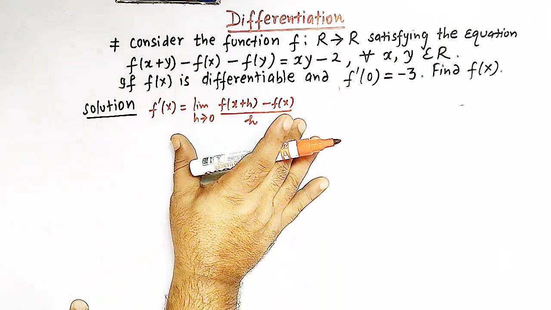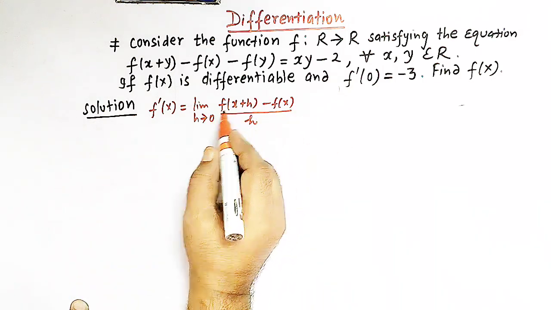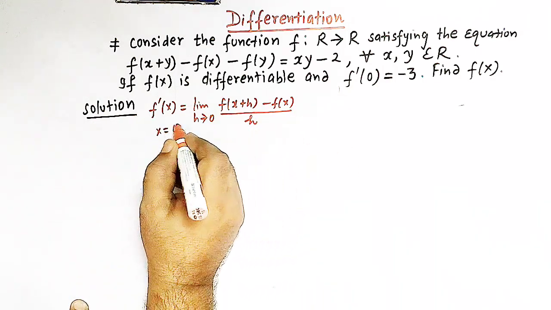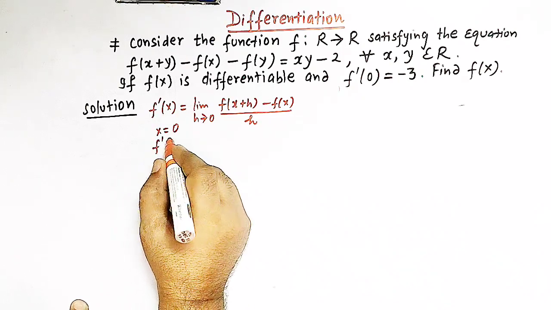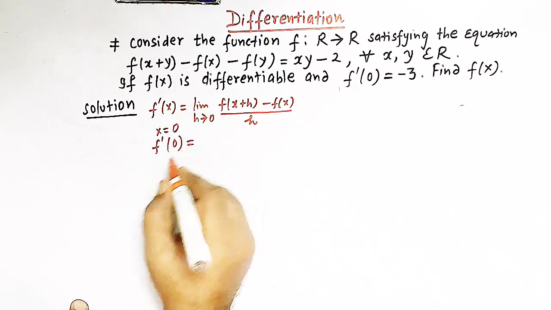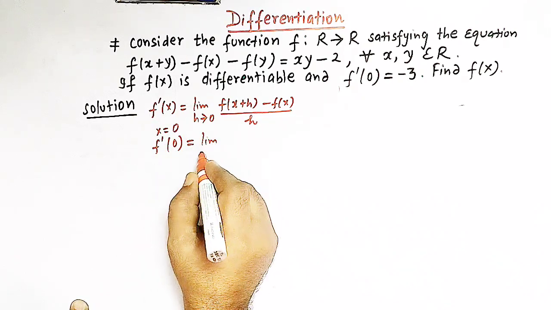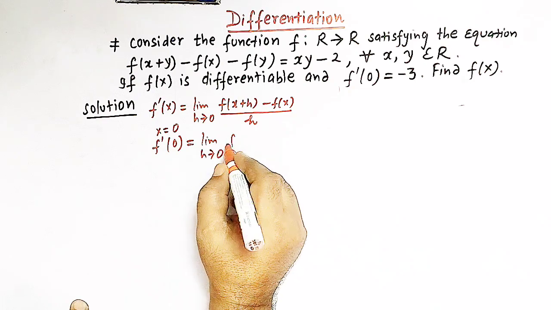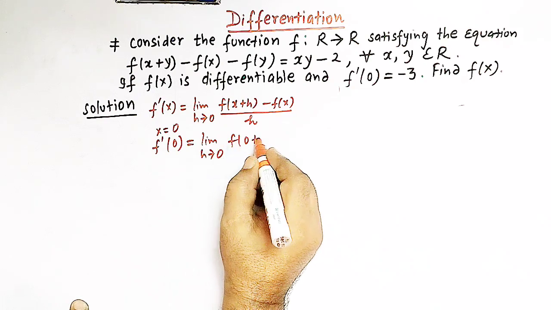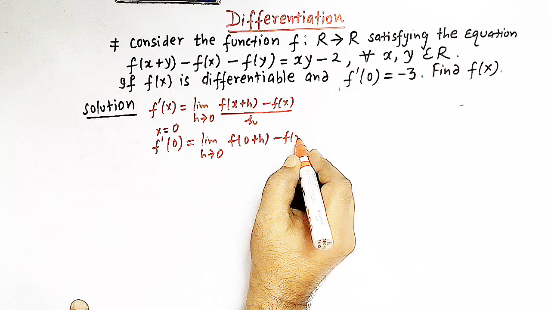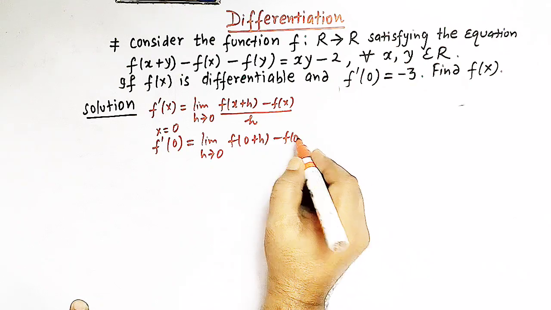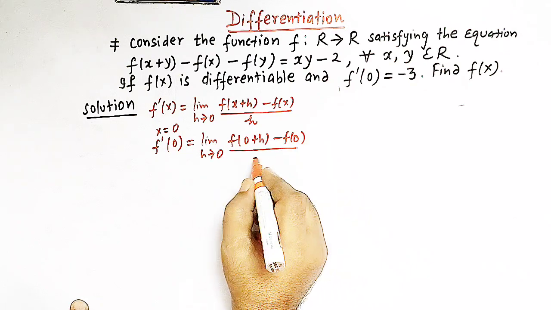Now if we take x = 0, then we have f'(0) equal to limit h tends to 0, [f(0 + h) - f(0)] divided by h.